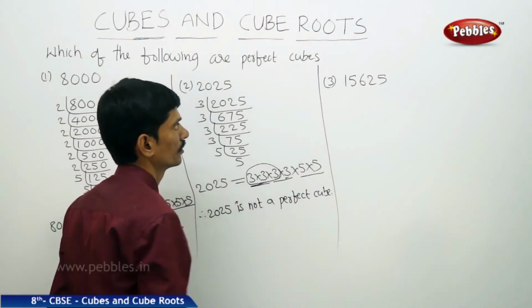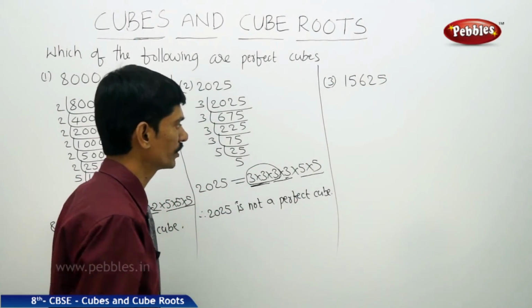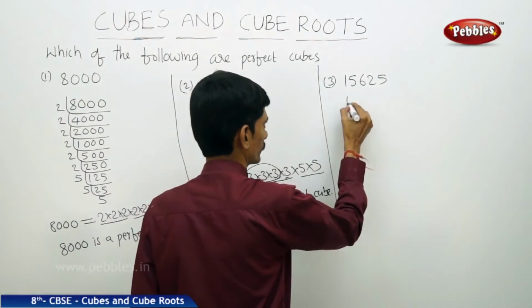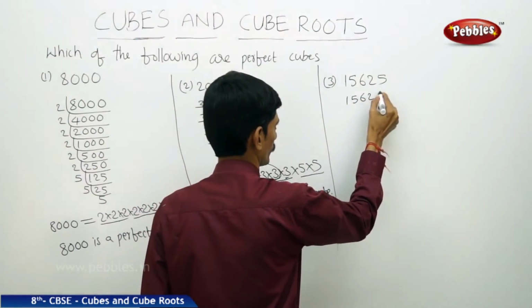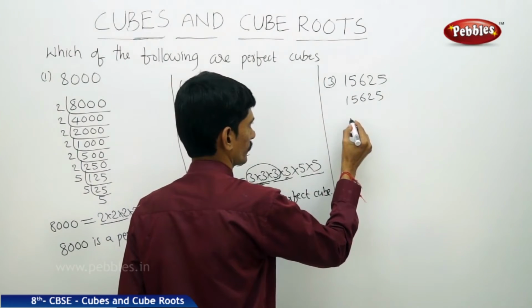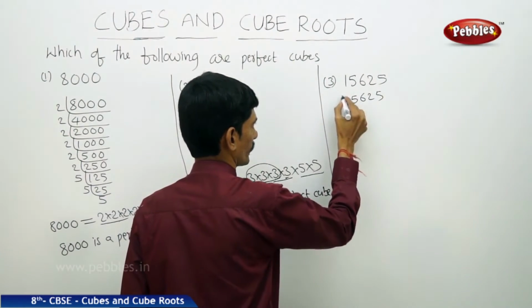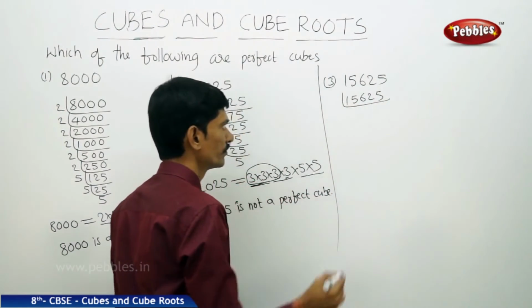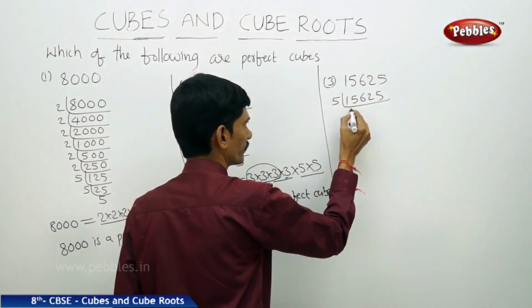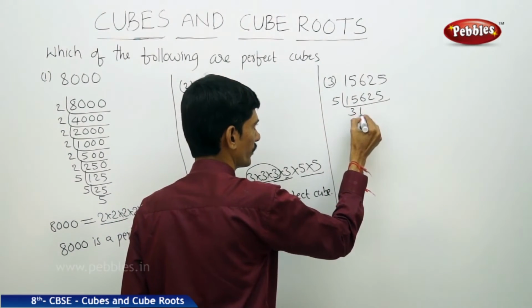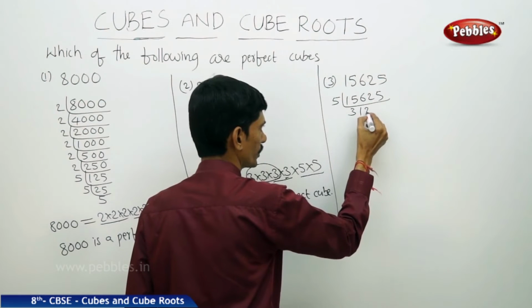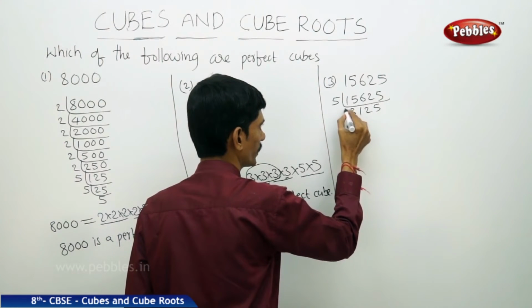Next, 15,625. I will do it with the 5 table. 5 3s are 15, 5 1s are 5, 5 2s are 10, 5 5s are 25.